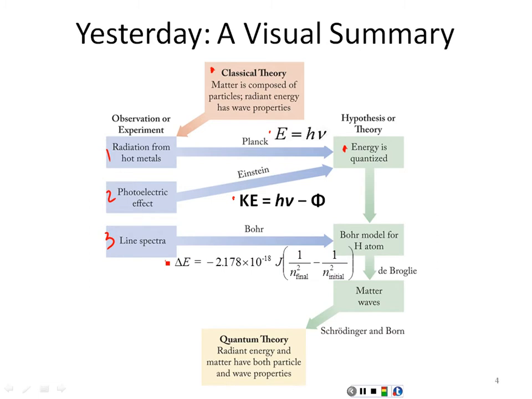And de Broglie used these observations and theories to come up with his own theory that matter itself has wave properties, and de Broglie's equation is shown here. And finally, Schrödinger and Born put this all together into what we know today as quantum theory or quantum mechanics.